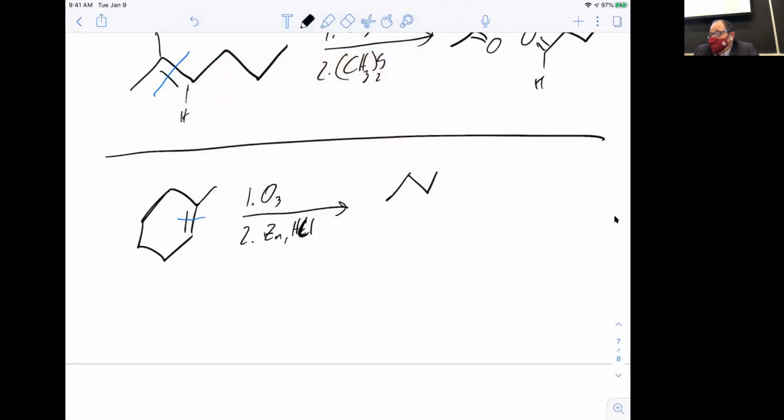We could simply draw it this way, just expand that out, or we could turn that into the acyclic, 1, 2, 3, 4, 5, or draw it out as a zigzag formation. It's important here to count your carbons.